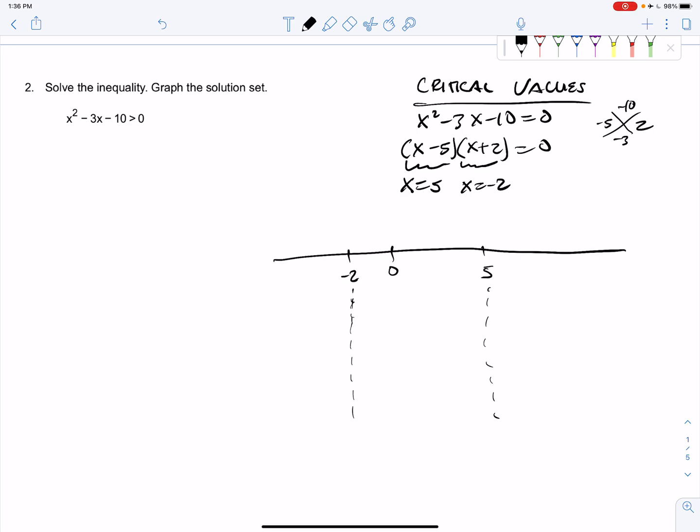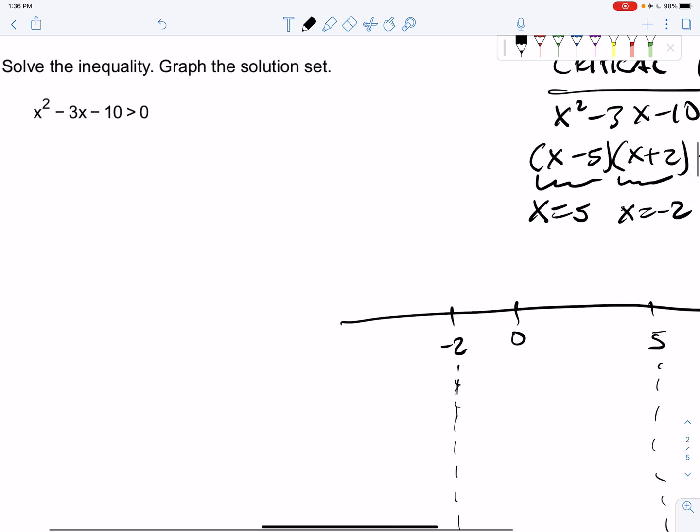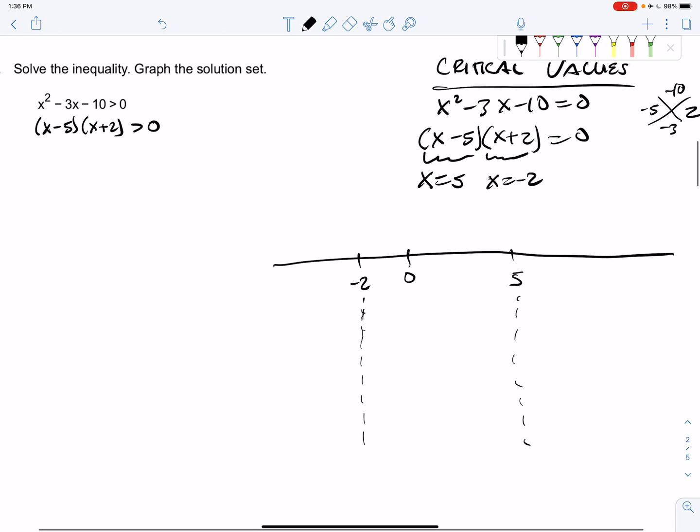Now remember, we're going to test with the original problem over here, and we might as well write it as factored. It'll make the testing much easier. x minus 5 times x plus 2 is greater than 0. Okay, so let's go ahead and pick a value in this region, like how about x equals negative 3.